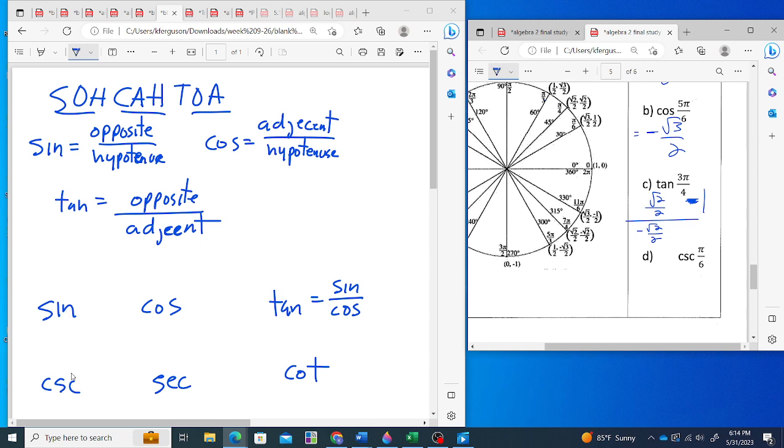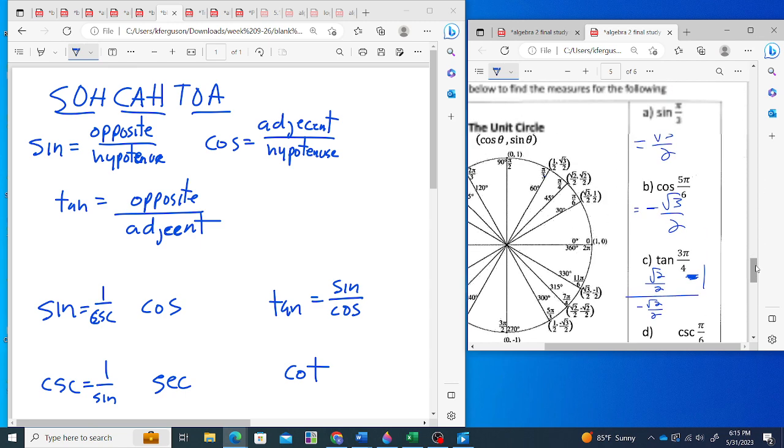So sine and cosecant are inverses of each other. Sine is 1 over the cosecant, and cosecant is 1 over the sine. Now, what the heck does that mean? Well, if I want to know the cosecant of pi over 6, I look for pi over 6, it's right there. Remember, these are sine and cosine. I know that the cosecant of pi over 6 is equal to 1 over the sine of pi over 6.